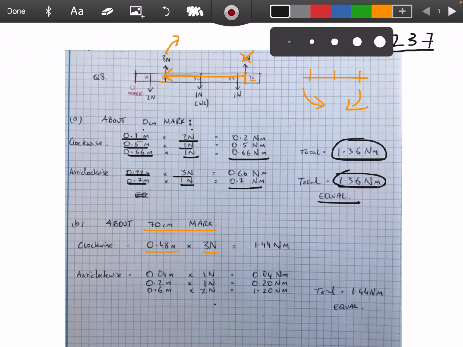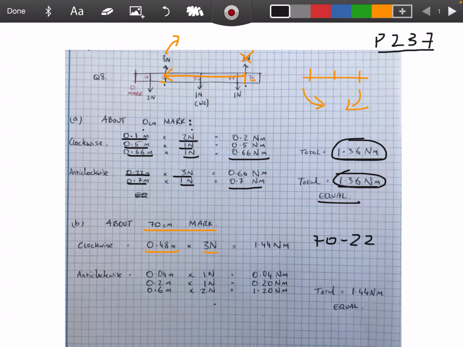So to figure out the distance from the fulcrum to my 22 centimetre mark, I got to do 70 minus the 22. And that gives me 48 centimetres or 0.48 metres. That 3 Newton weight is 48 centimetres away from my fulcrum in this instance.